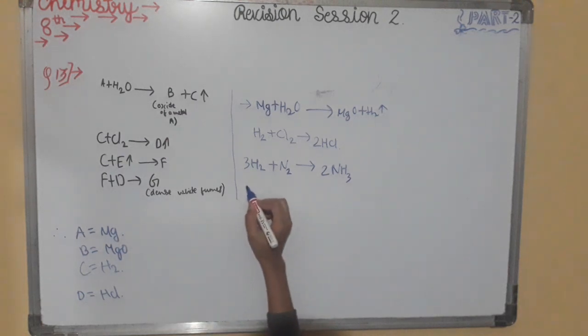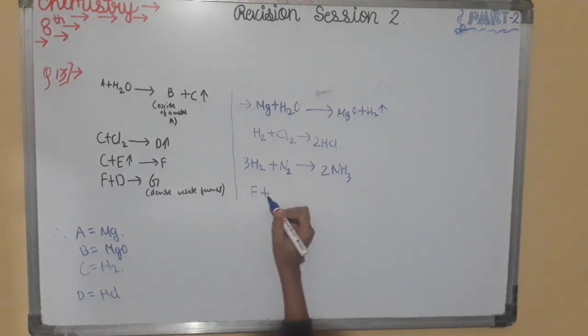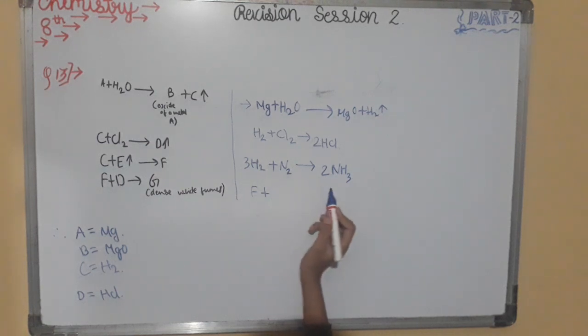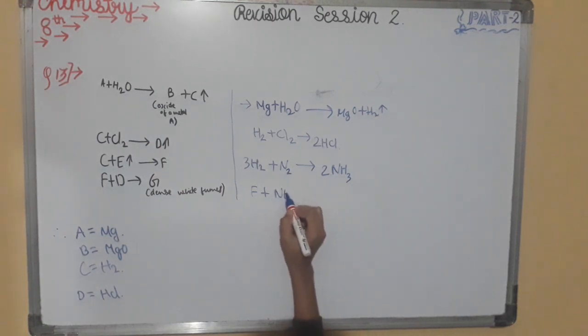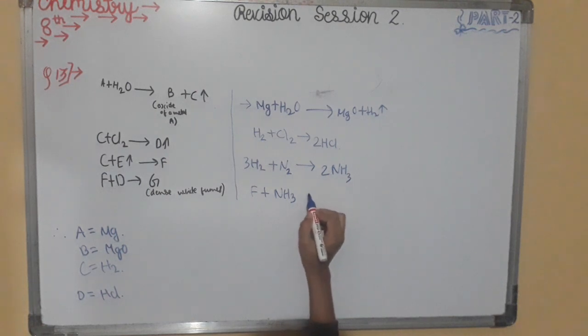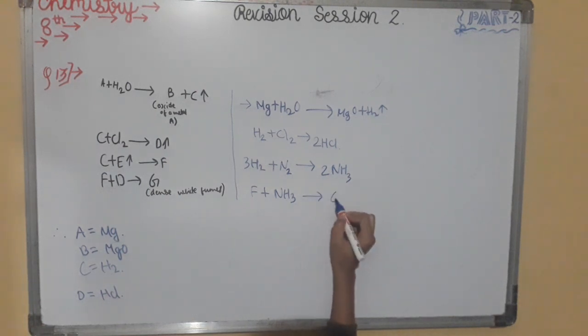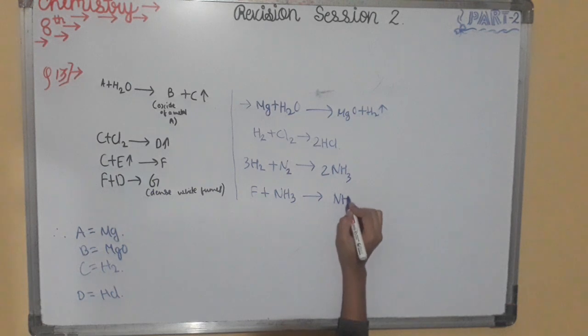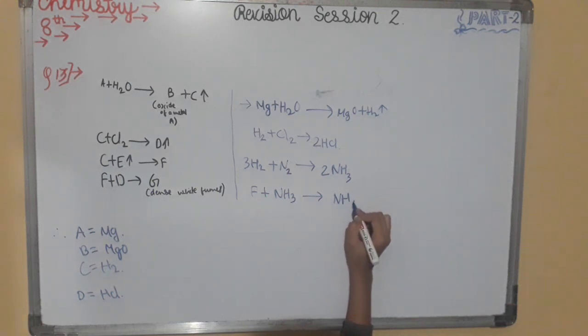Next, the last one: F plus D, that is NH3 plus HCl basically, gives G, dense white fumes. We have studied that it is NH4Cl. That is the dense white fume.